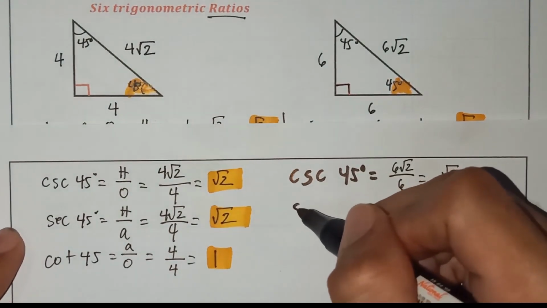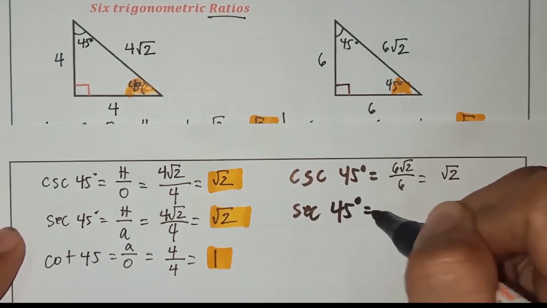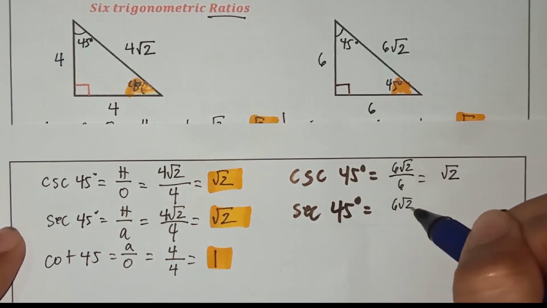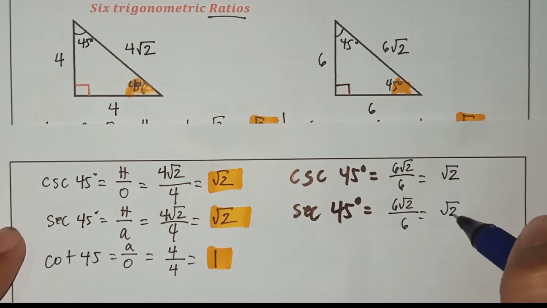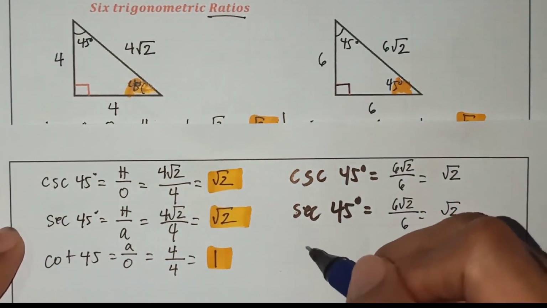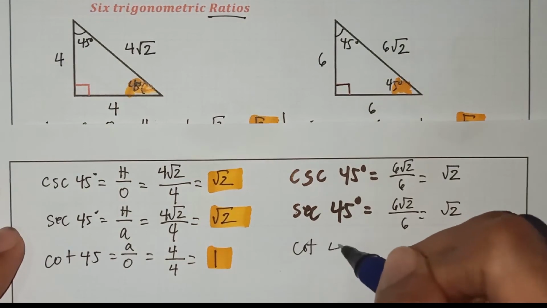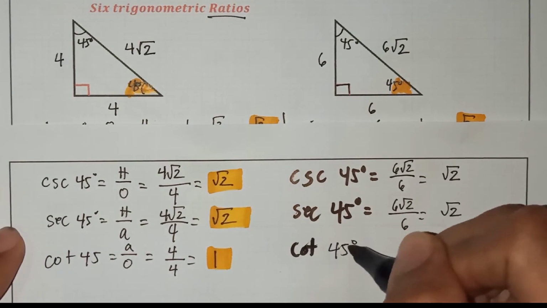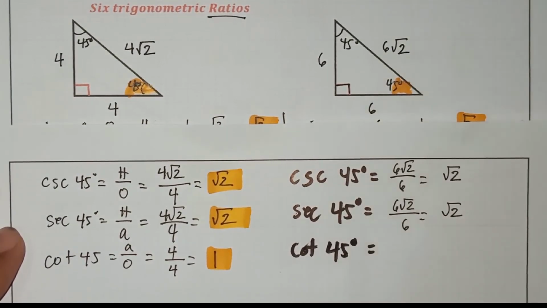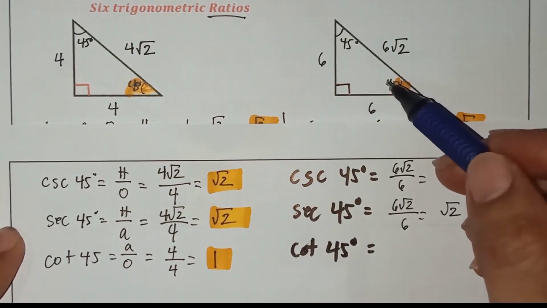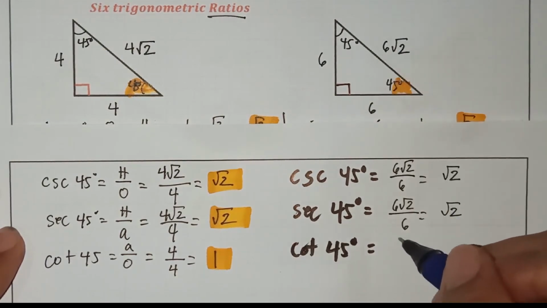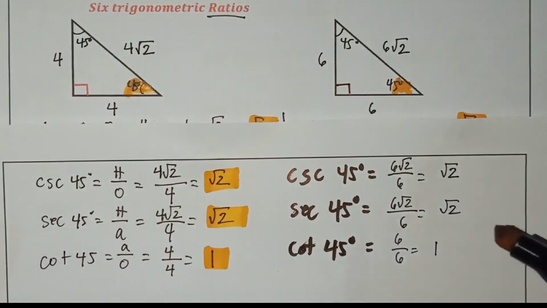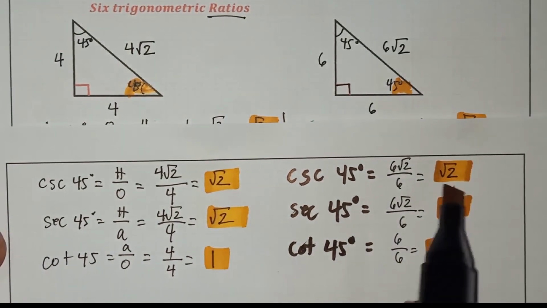And for the secant 45 degrees, we have hypotenuse over adjacent, 6 square root of 2 over 6. The result is also square root of 2. And for the cotangent 45 degrees, that is adjacent over opposite, 6 over 6, the result is 1. And as you can see, we get the same answer also.